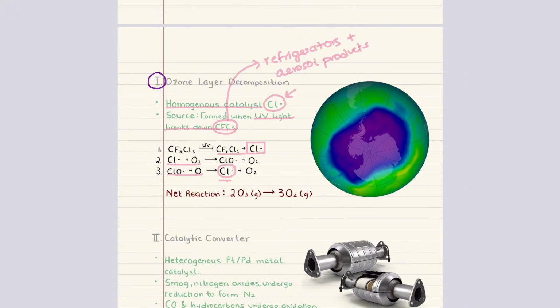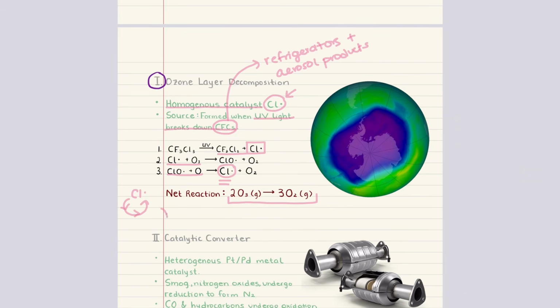The chlorine radical really speeds up the decomposition of ozone without being consumed, and the net effect converts 2 molecules of ozone into 3 molecules of oxygen gas. The concern here is that a single chlorine radical can complete this cycle thousands of times before it's finally removed from the atmosphere.